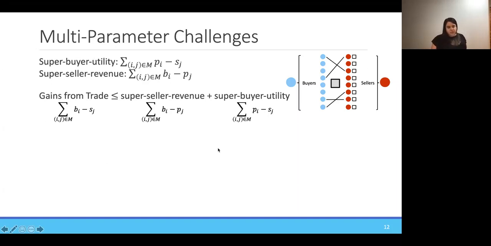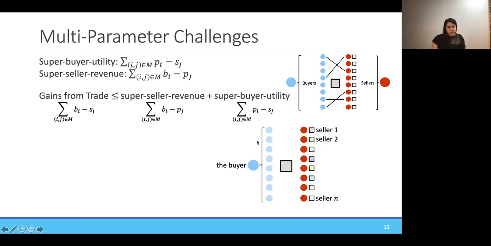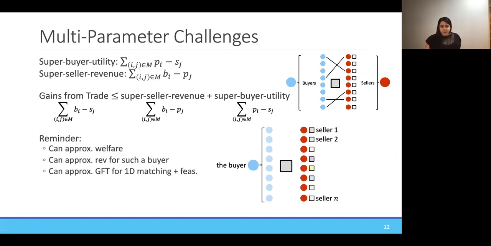We do know how to approximate both of these things, utility and revenue, in one-sided markets. But when we move to the multi-dimensional setting, things get more complex. As a reminder, we can approximate welfare, even in multi-dimensional settings. We just talked about that in prior work. We can approximate revenue for such a multi-dimensional buyer. And we can approximate gains from trade in one-dimensional settings like matching markets with feasibility constraints.